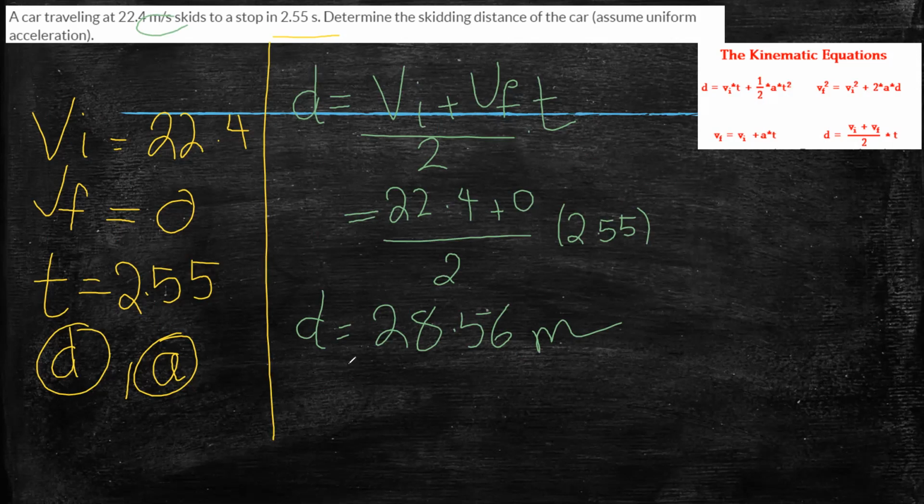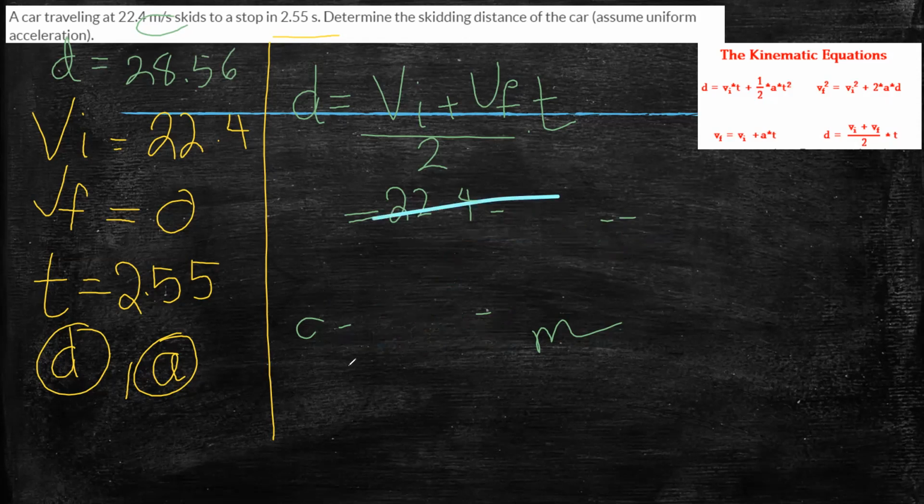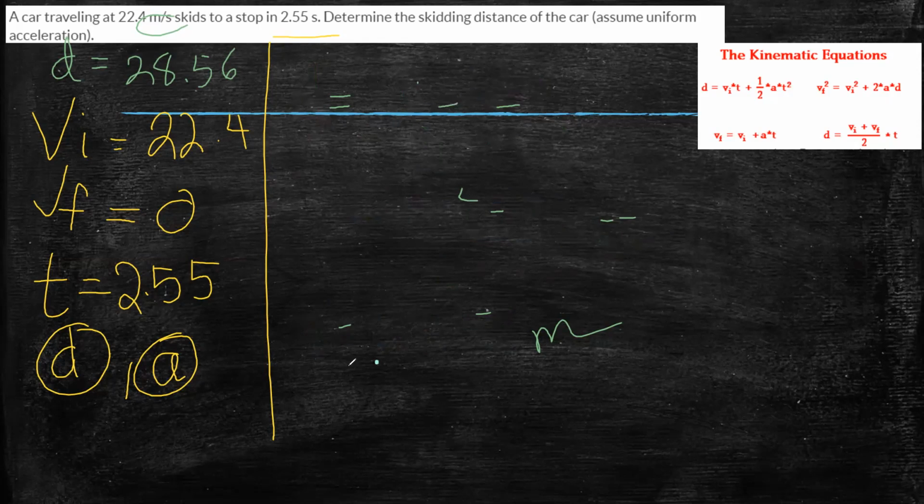Now Habiba, I want you to find the acceleration. We will use the second one. I want you now to help me find the acceleration. So let's use the second one.